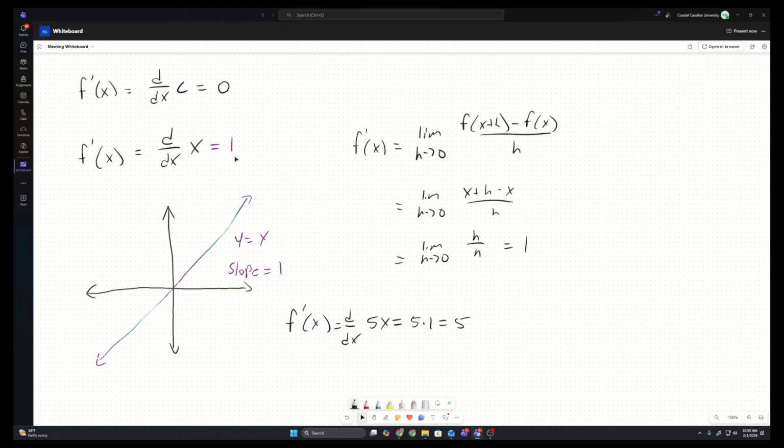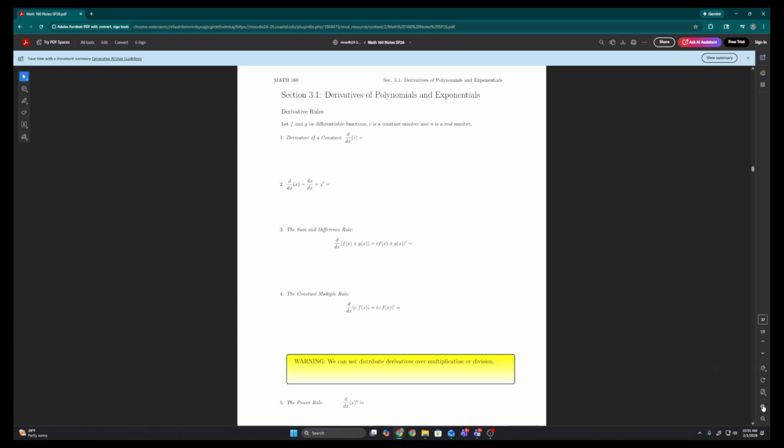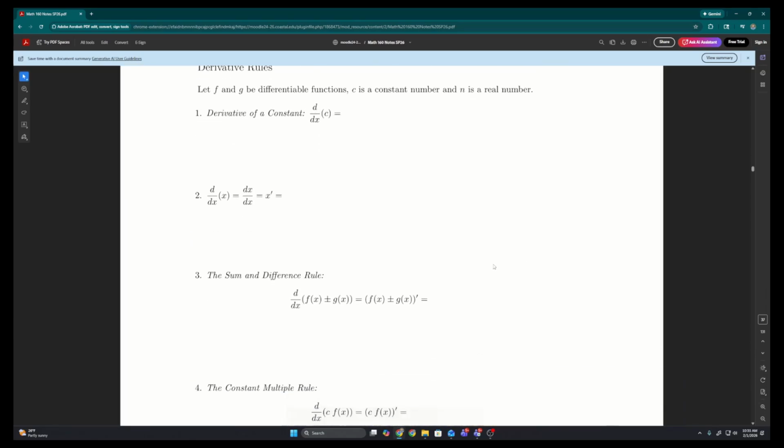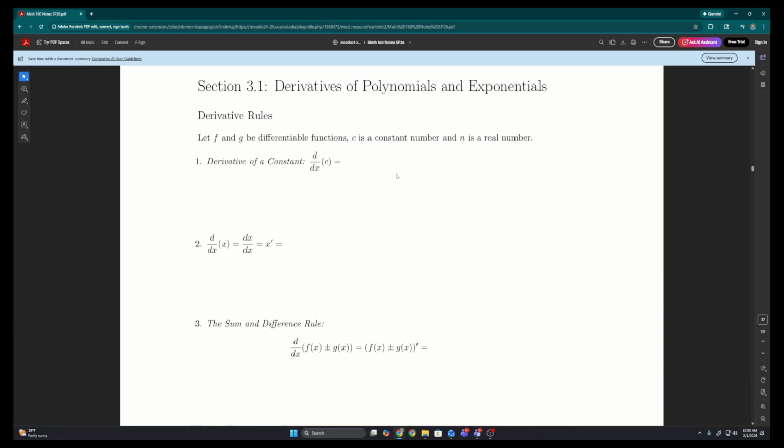Now, if we look back at the note packet real quick, and I'm going to zoom in here because I might as well. So we have the derivative of a constant: d over dx of c is 0. Then d over dx of x is equal to 1, or the coefficient.